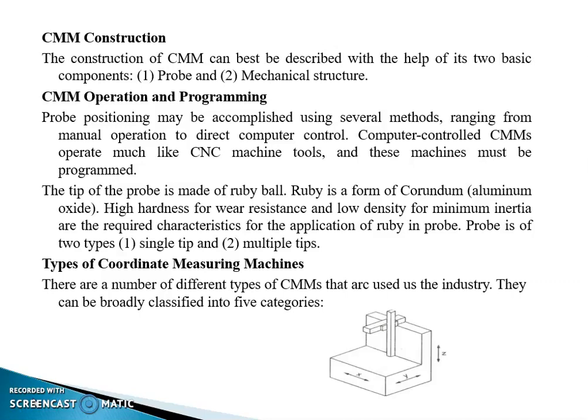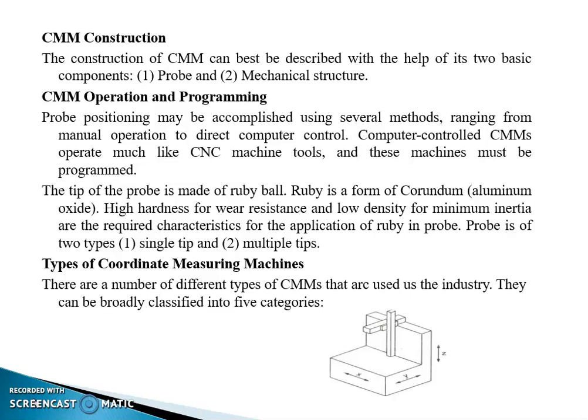The touch trigger probes are the most widely used probes. The probe actuates when contact is made with the part surface. As the contact exists between the probe and the surface of the object, with the help of a displacement transducer, the coordinate position of the probe is accurately measured.